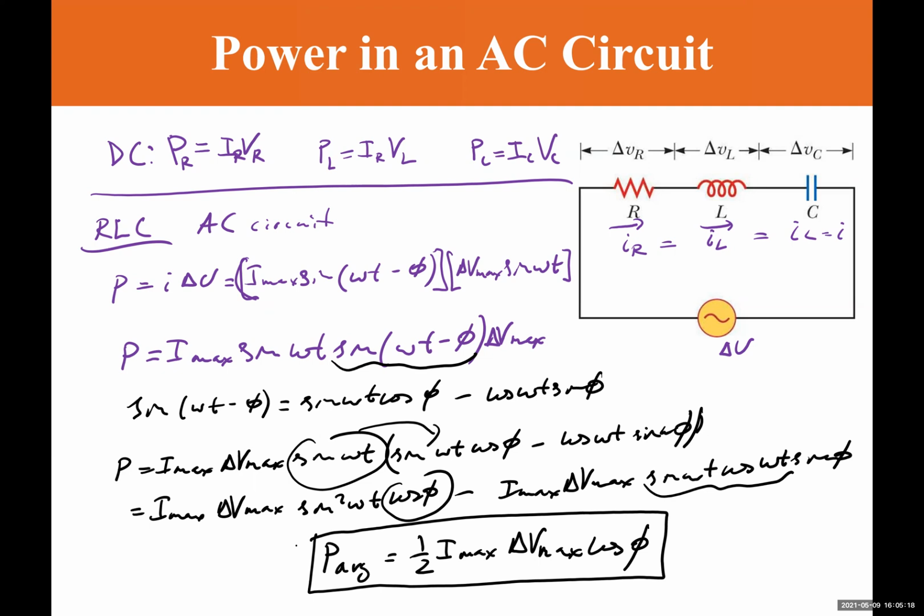Sometimes it is convenient to express the average power in terms of the RMS current and RMS voltage. Remember, these are now in terms of maximum values. But if I rewrite this in terms of RMS values, then the average power is equal to I RMS delta V RMS times cosine of phi. That's the average power in terms of those RMS values.